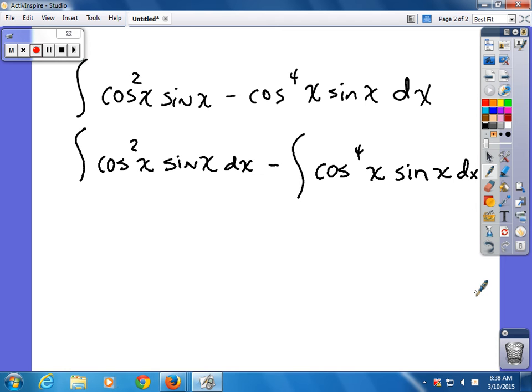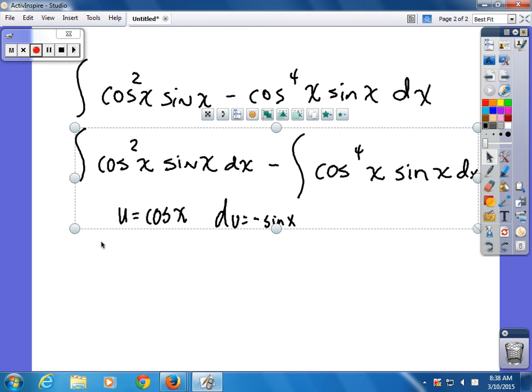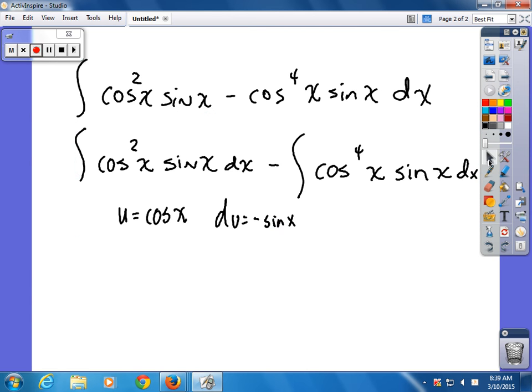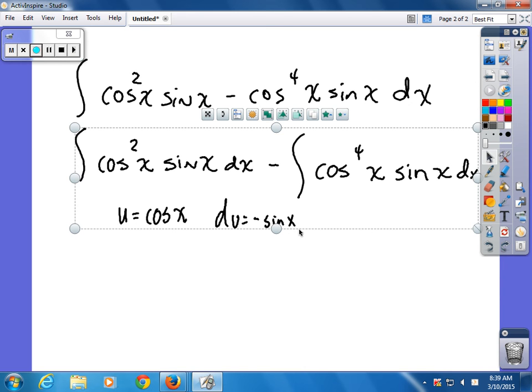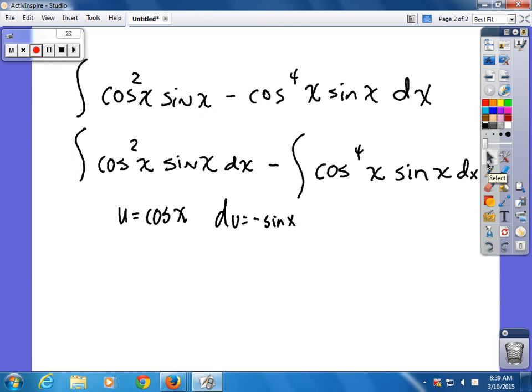So if I make u equal to cosine of x, then du is equal to the negative sine. What is that going to put out front here?